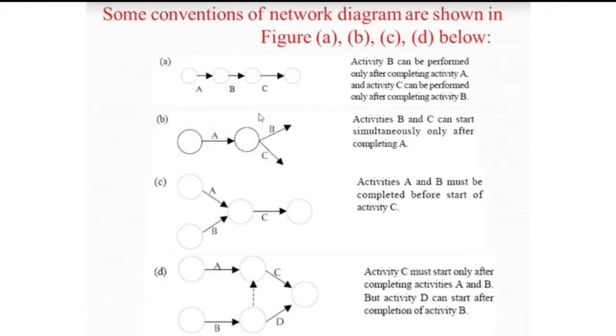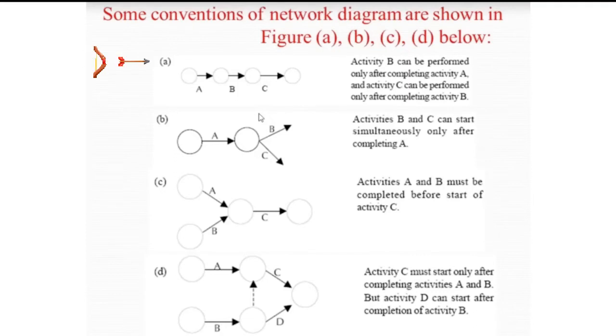So some conventions of network diagram are shown here. For letter A, as you see, activity B can be performed only if activity A is done.